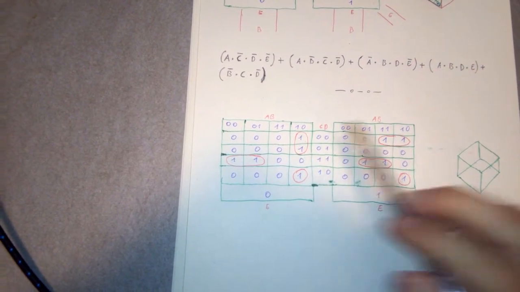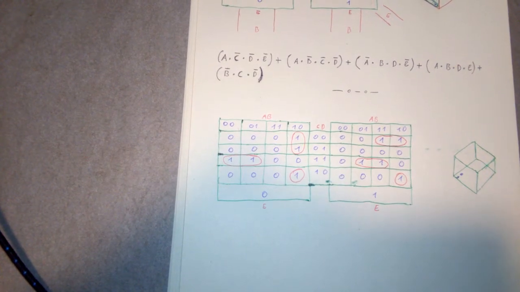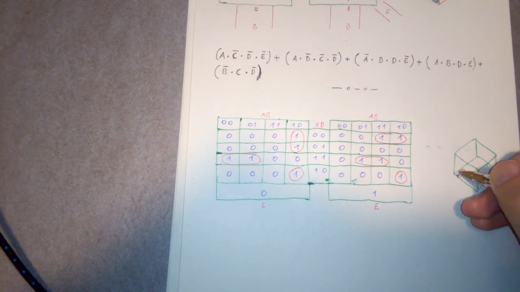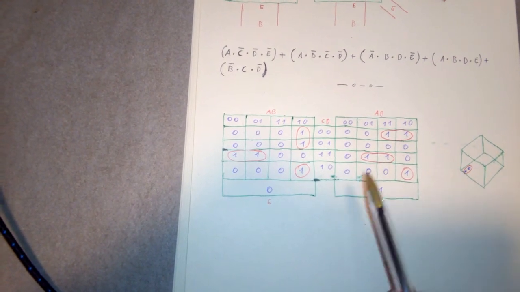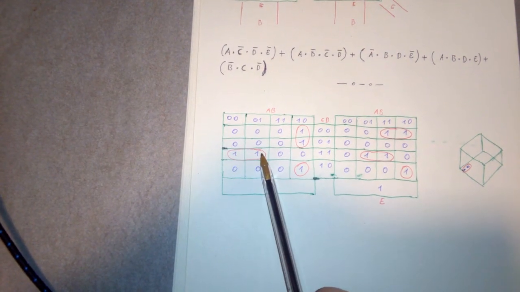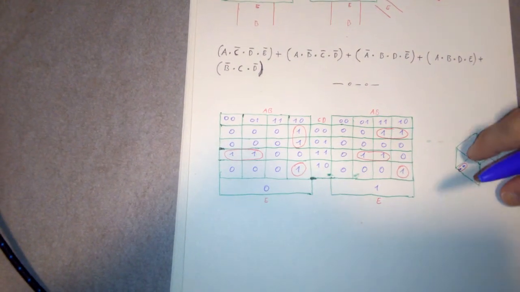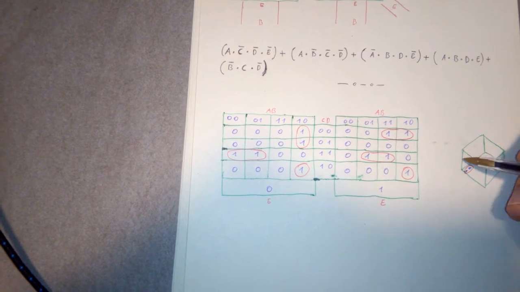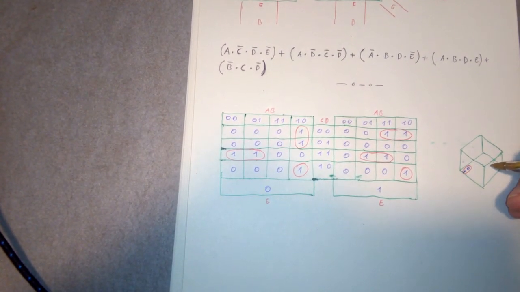So those ones are at the bottom, and there are those. We have a group of 2 here, and then we have a group of 2 here. So since it's like this, a group of 2 basically here.